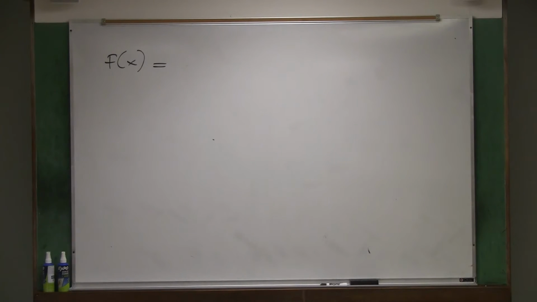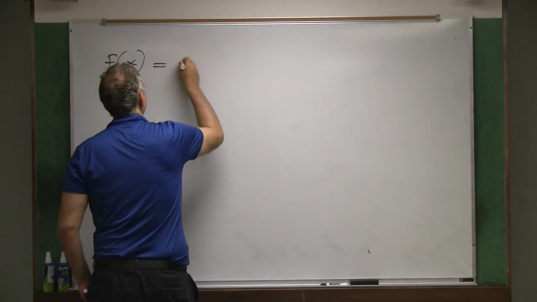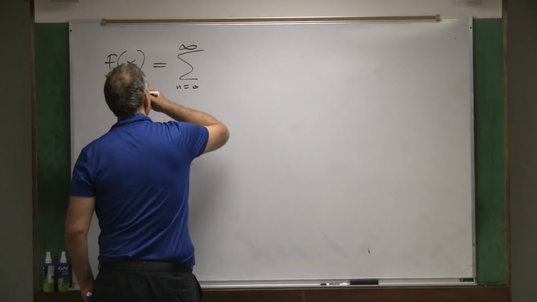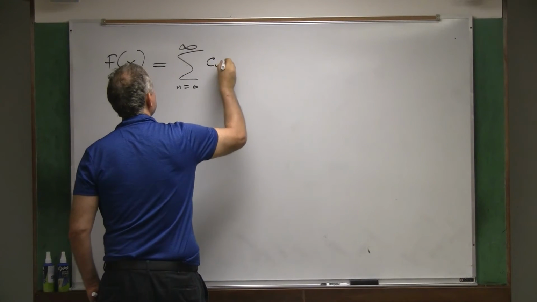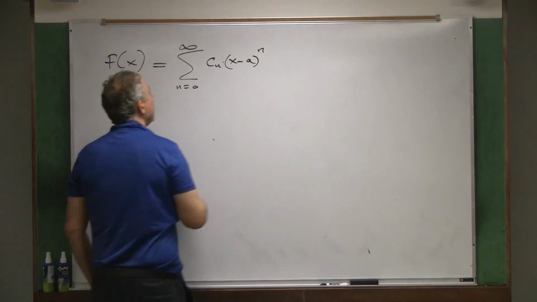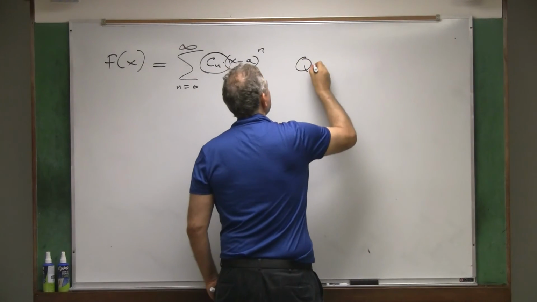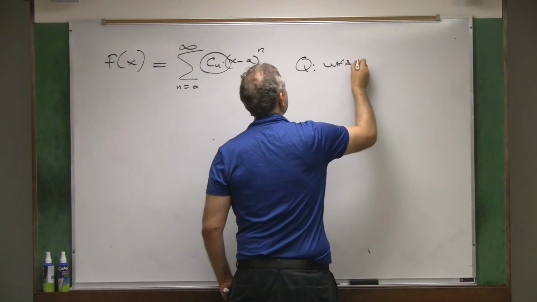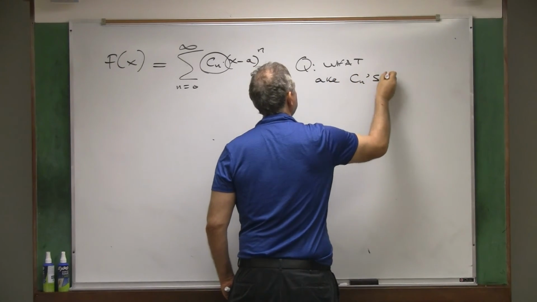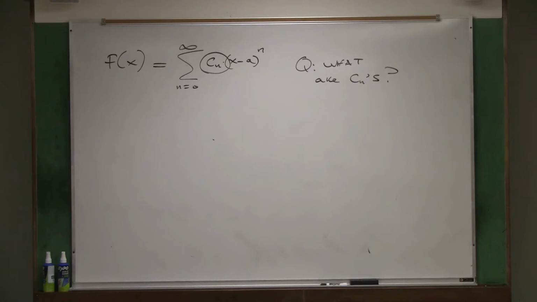So let's assume that our function is a sum from n equals 0 to infinity of Cn times x minus a to the n. What would these Cn's have to be? So the question is, what are the Cn's? I'm going to show you how we figure that out.